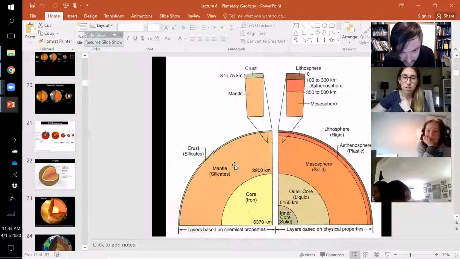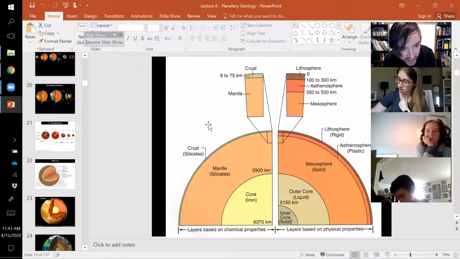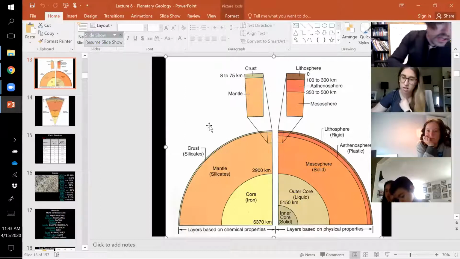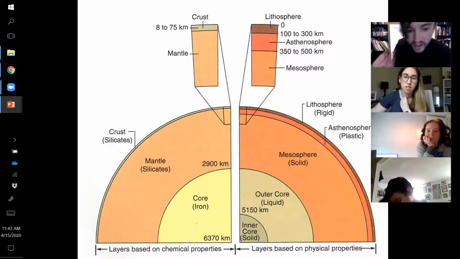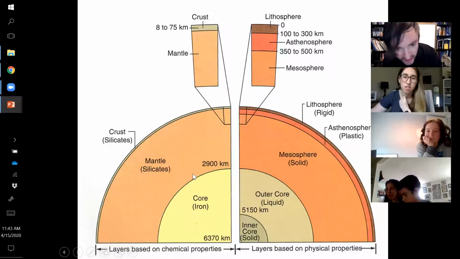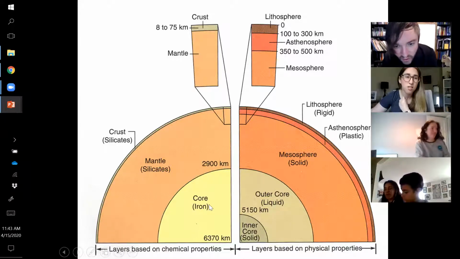Let me go back and show you a picture, which is a hybrid between the different ways of looking at the interior of a planet. Remember that when we looked at this slide, we were comparing two different ways of layering the Earth. One way was by density, the classic crust, mantle, core.